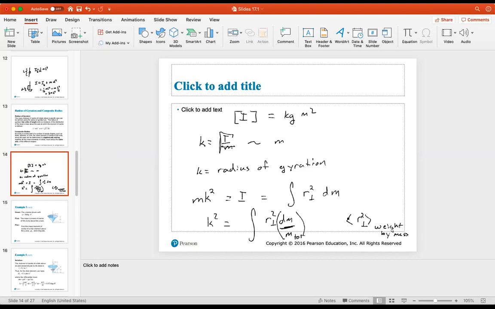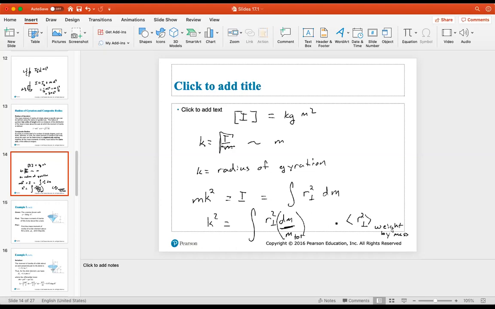So what it really measures is the spread of the mass about the axis of rotation. When you have a large k squared value, then your mass is distributed widely around the axis, whereas if it's small, then it's a very tight concentration. And so this is a measure.